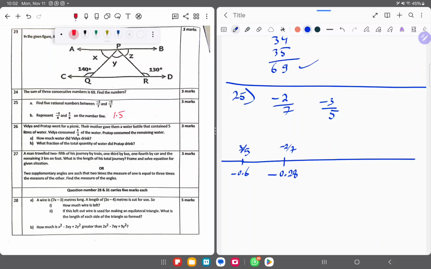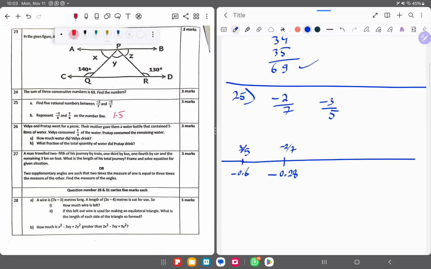5 rational numbers. What is the definition of rational numbers? Let's go back. Rational numbers can be integers, where p is an integer, which can be positive, negative, or 0, over a non-zero integer. It can be a fraction. 5 can be represented as a fraction as well.